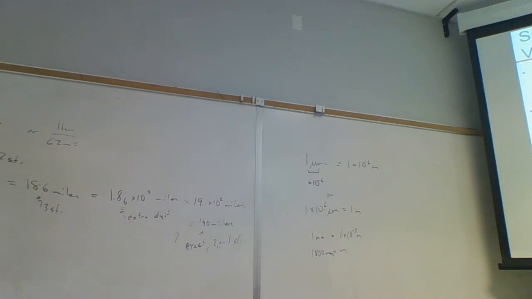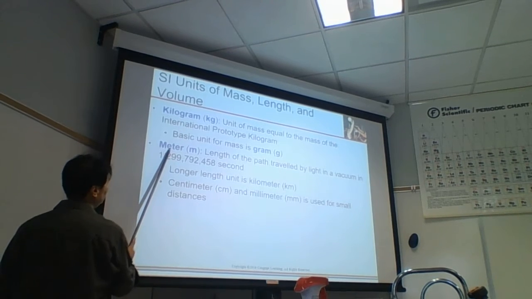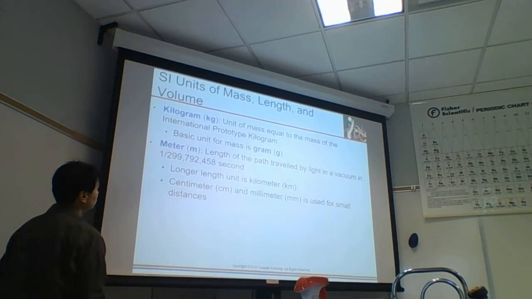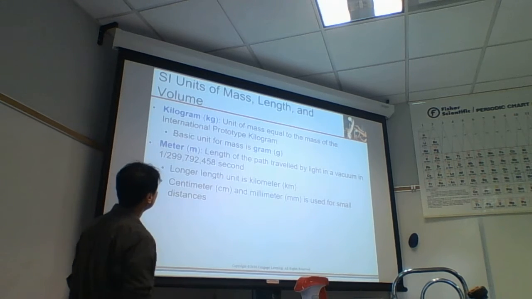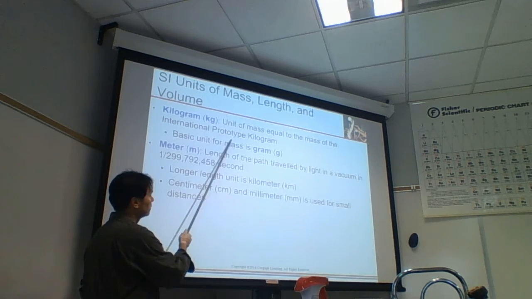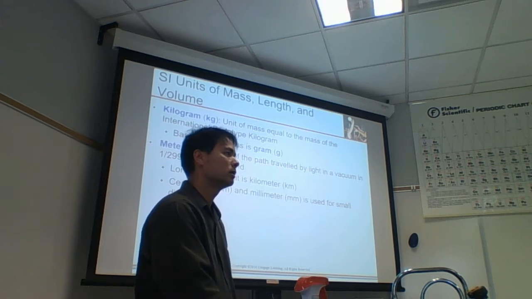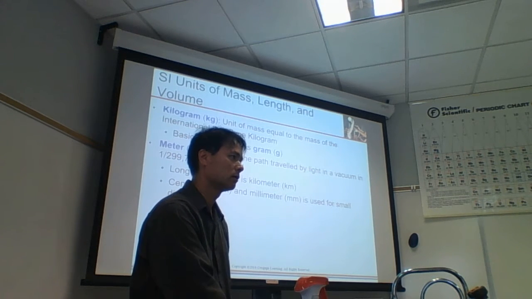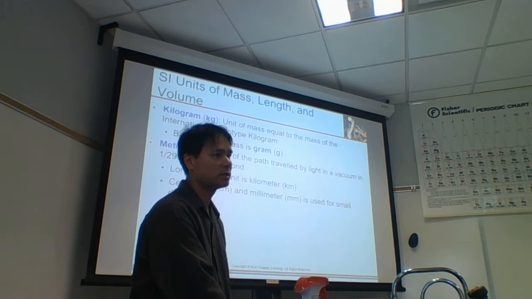All right, these are the SI units, kilogram, meter. How is a kilogram defined? This is what they call the prototype kilogram. So how was a kilogram originally defined? If you wanted to make something that weighed exactly 1 kilogram, how would you do that?